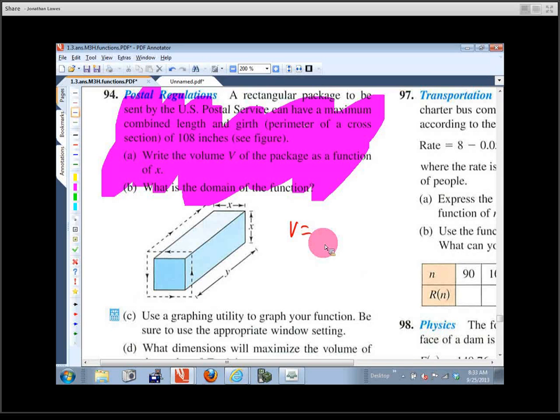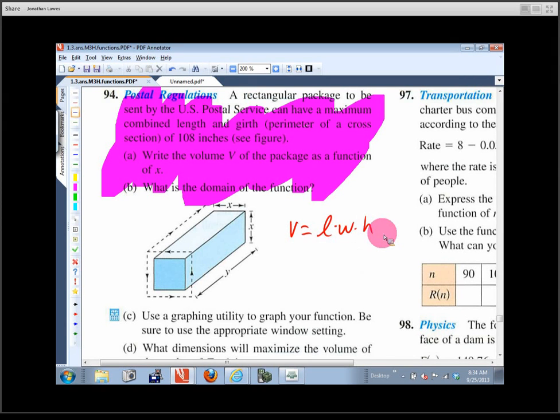Anybody else want to admit they don't know? Okay. We got a couple people that do know and a couple people that don't know. Okay. Volume of a box. Area of the base. So it's the length times the width. And then times it by one more thing. The height. Length times width times height. So the volume is length times width times height.